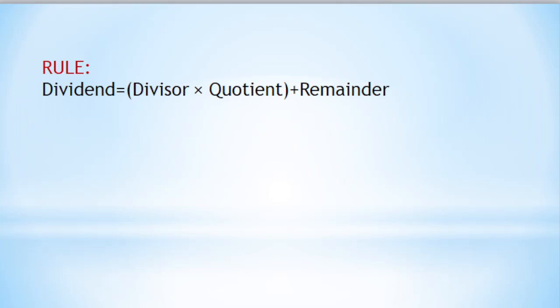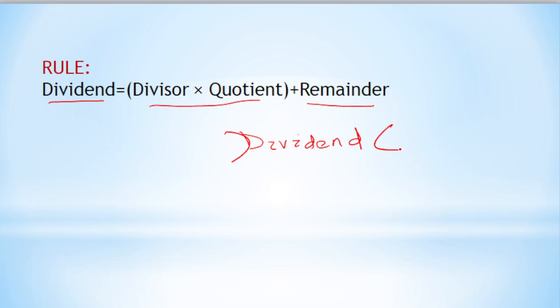Now one rule. Dividend is equal to divisor into quotient plus remainder. Here this is dividend. Here this is divisor.